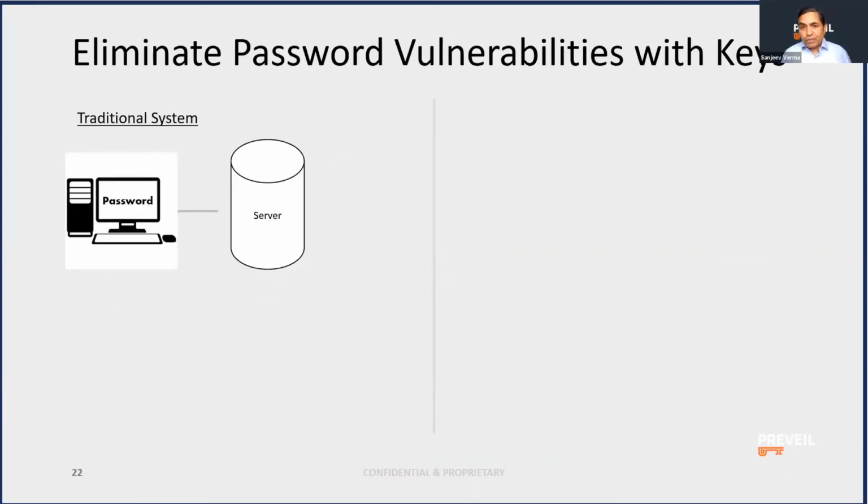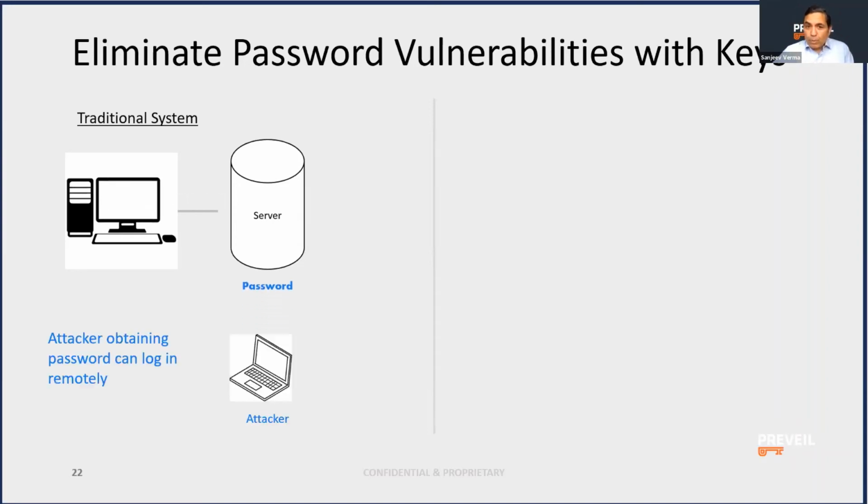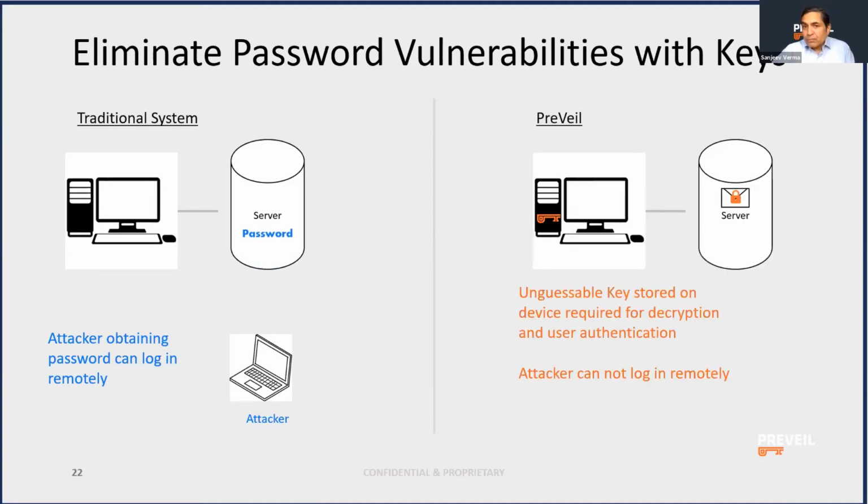A second difference between a perimeter-based system and a zero trust system is that zero trust systems often eliminate passwords. So in your current system, if you've got a password, and if the password is compromised, the attacker can get through remotely. You try to protect it with two-factor, but there are techniques to bypass that. A system with zero trust says no passwords.